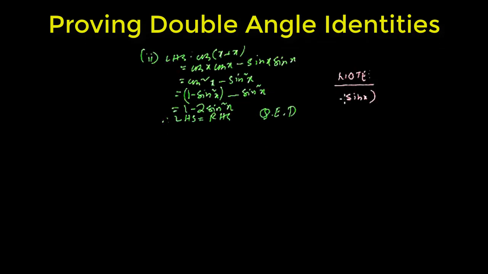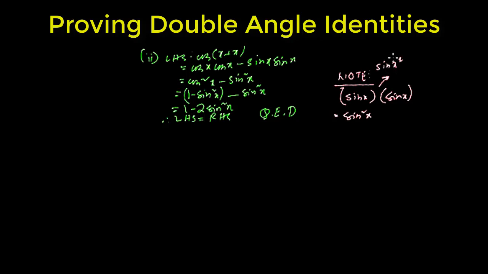Sine x multiplied by sine x is denoted as sine squared x. It has nothing to do with the angle. Sine ratio of the angle x, this should be the complete term. So whenever sine x is multiplied with sine x, some people might mistake it as sine x squared.